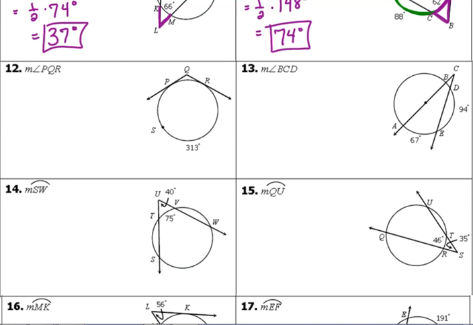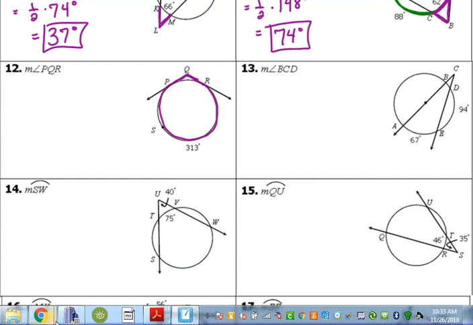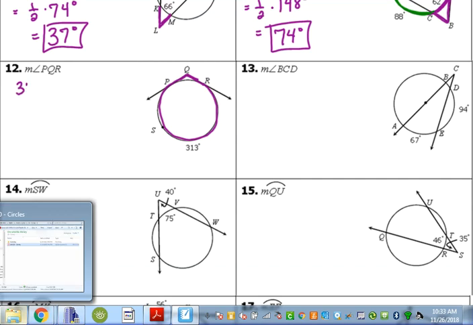Number 12, the measure of angle PQR. That's the angle outside the circle. 1/2 the big arc minus the little arc. We have the big arc. We don't have the little arc. Well, the big arc is this part of the circle. The little arc is the remainder, right? So 360 minus 313 is going to give us what we need.